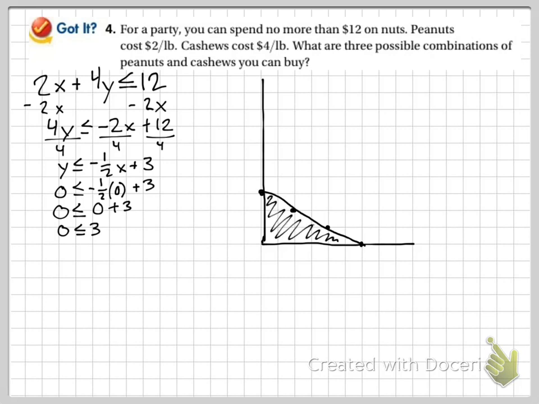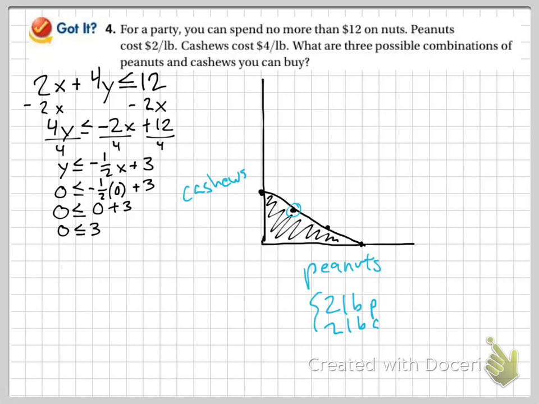So anywhere in the shaded area, or since I have a solid line, anywhere on the line is a solution. So I could take this point right here, that's a solution. So we said x was peanuts, so this is peanuts, and this is cashews. So that's 2 pounds of peanuts and 2 pounds of cashews.